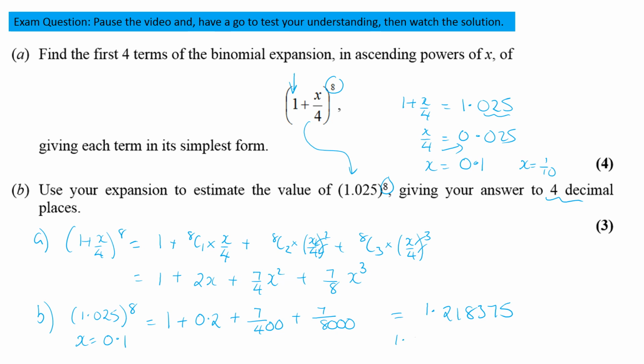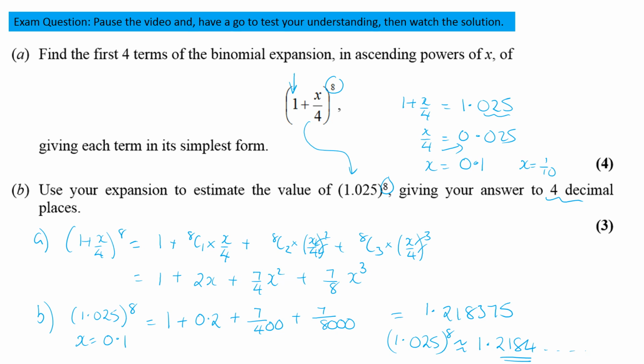So 1.025 to the 8 is approximately equal to 1.2184, giving it to 4 decimal places. And if you actually do 1.025 to the 8, that is exact to 4 decimal places.